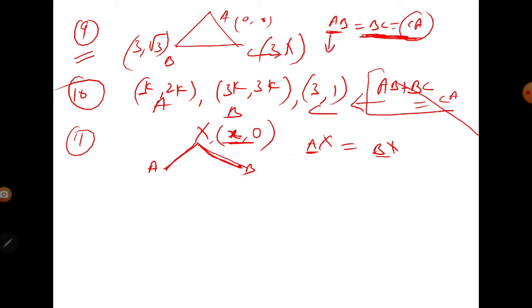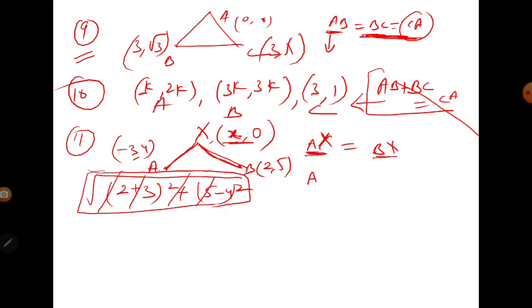So here this point x is at equal distance from a and b. So here both distances will be equal. We'll apply the distance formula. Coordinate for a is (-3, 4). Coordinate for b is (2, 5).